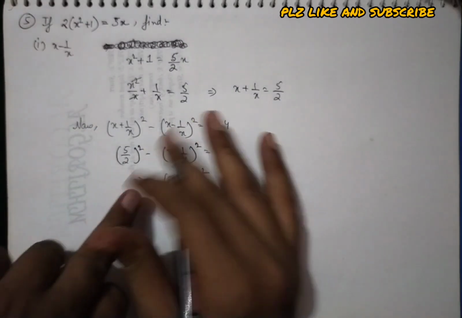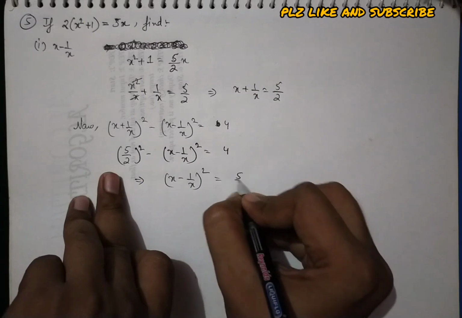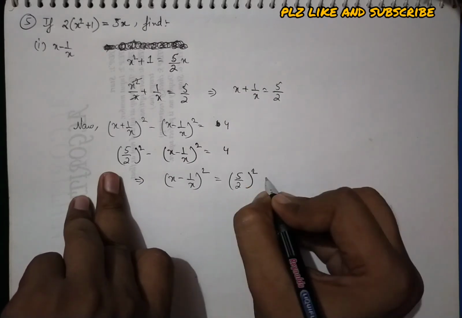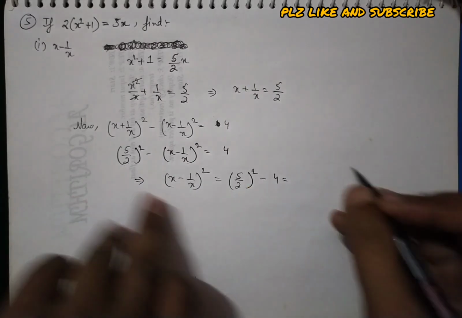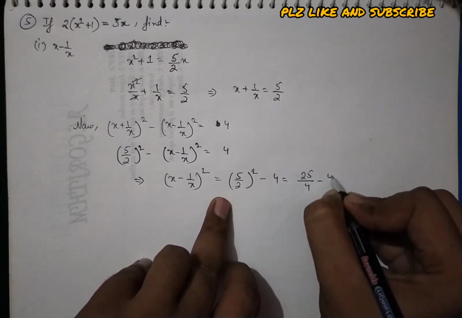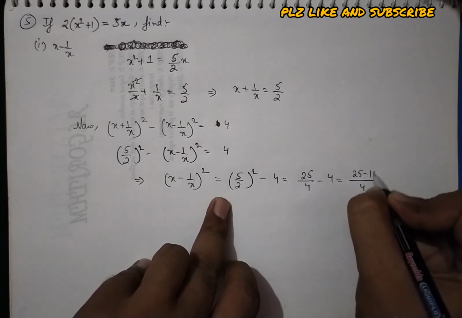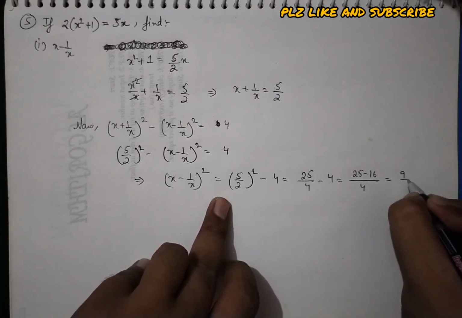By changing sign it will shift over here, that is 5 by 2 to the whole square minus 4. Now solve it. 25 by 4 minus 4, that is equals to 25 minus 16 by 4, and that is equals to 9 by 4.